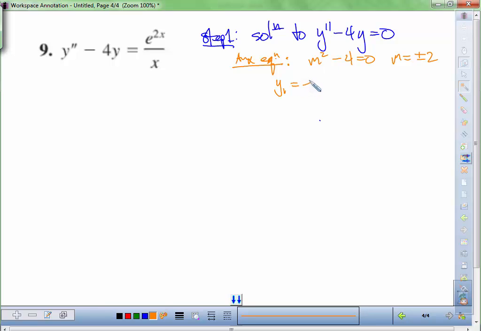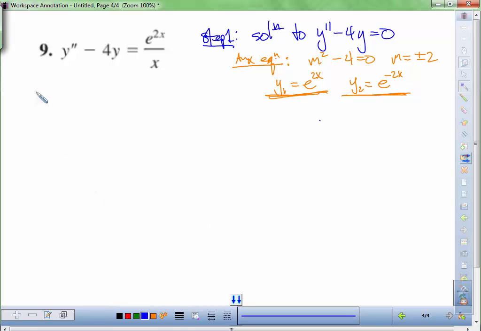So y1 will be e to the 2x, and y2 is going to be e to the negative 2x. So that's step 1. You can write it as a general solution to this homogeneous differential equation, but we can do that at the end.